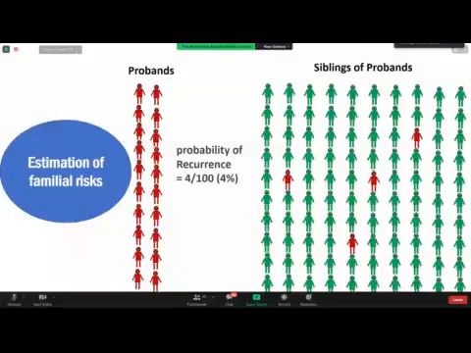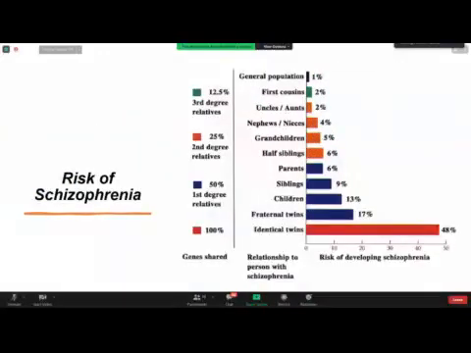And similarly, अब हम population में कैसे देखते हैं? So we take the normal healthy population and we take the disease population, तो फिर उसमें हम देखते हैं कि कितनों में recurrence या इसका risk है, कितने further affected हो सकते हैं इस तरह से. So this is the way that we calculate the risk. Similarly, I put this example of schizophrenia here.